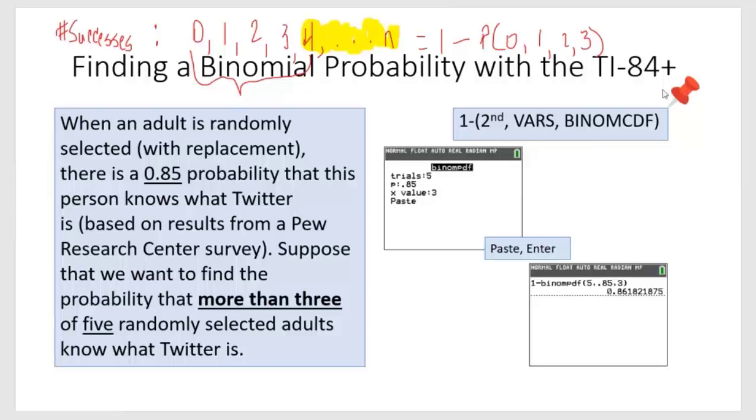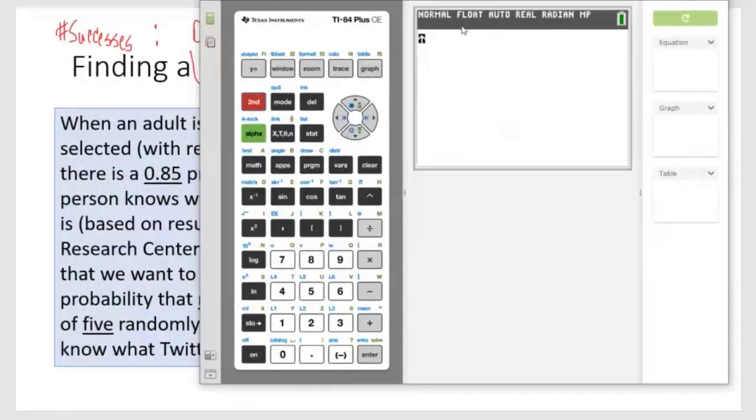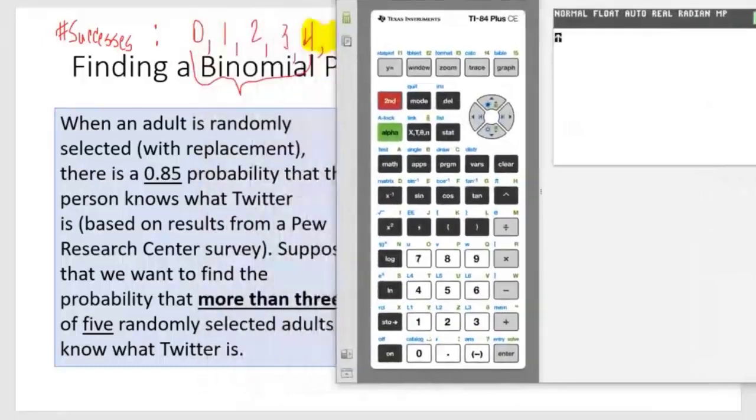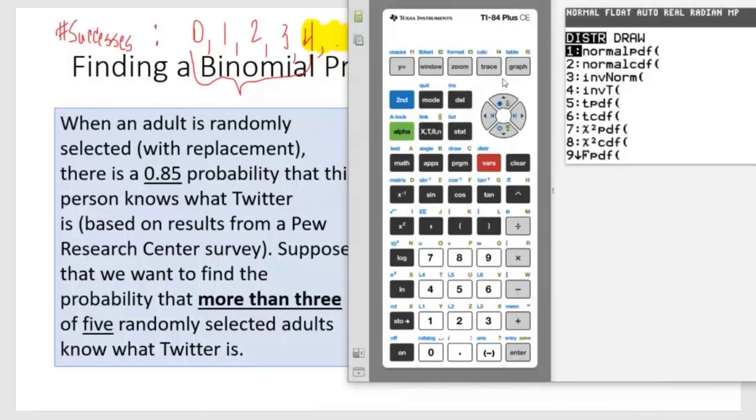minus that value. So it is there, so I just feel like that's a little bit small for you guys to see. So we'll come back over here and I'll say, well, if I want more than 3, then I don't want up through 3. So what I'm going to do is, first of all, make it calculate that for me.